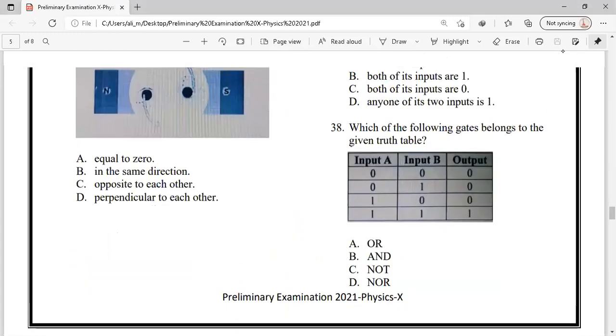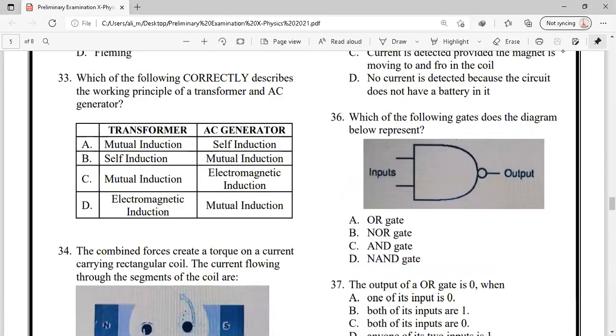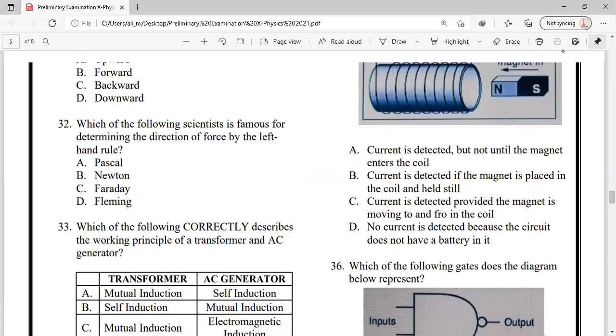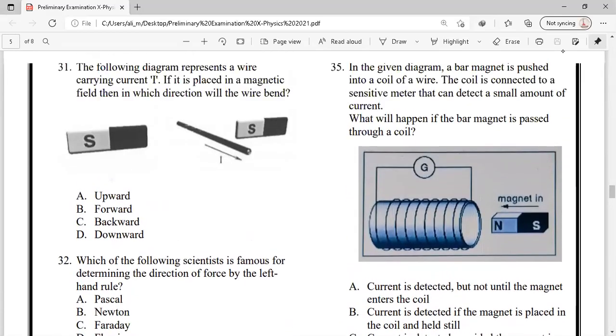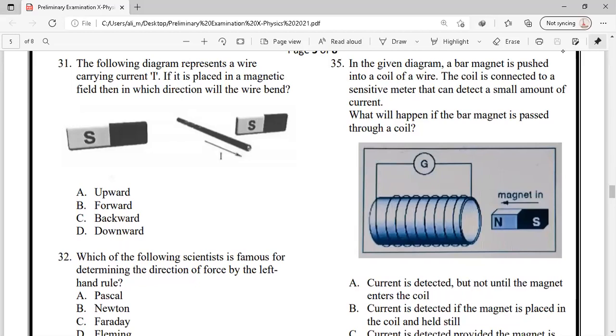Let's move to question number 35. In the given diagram, a bar magnet is pushed into a coil of wire. The coil is connected to a sensitive galvanometer that detects a very small amount of current. What will happen if the bar magnet is pushed through the coil?